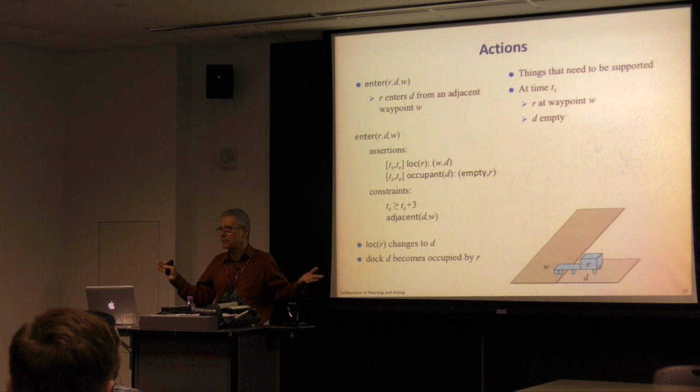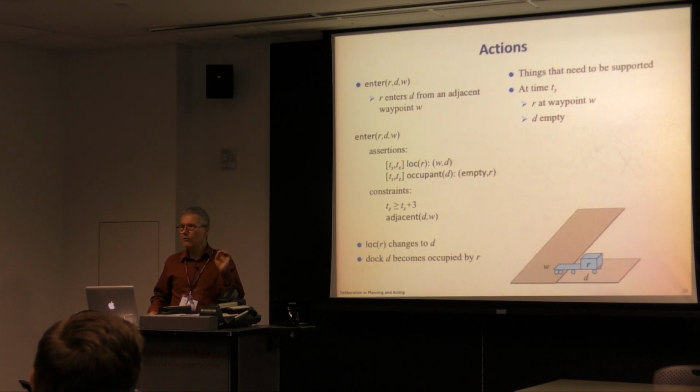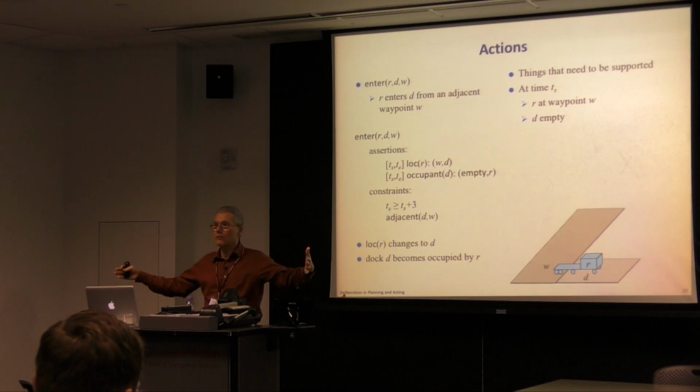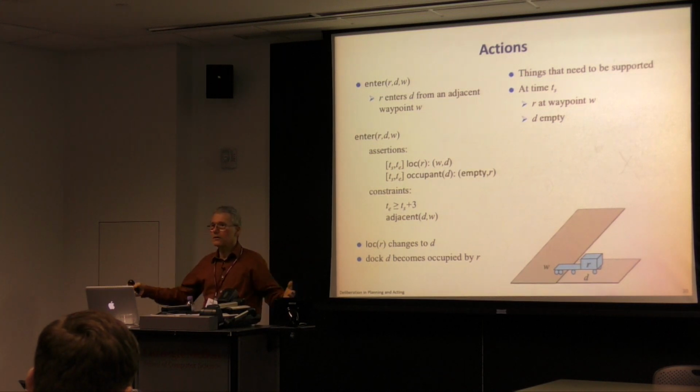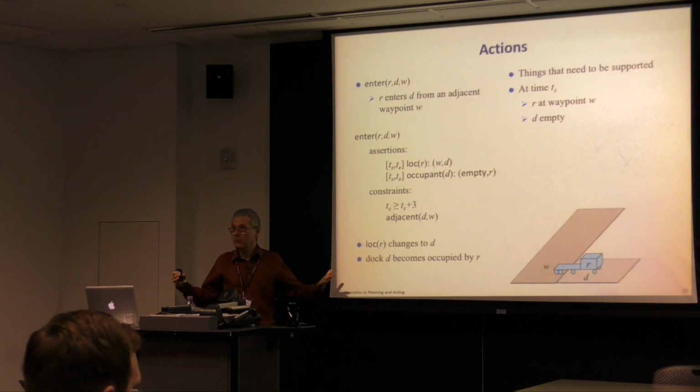Aren't they redundant? Well, the reason why is that we're going to enforce a restriction that a loading dock is only big enough to accommodate one robot. And in order to enforce that restriction, you need something that talks about whether the loading dock has an occupant or not.